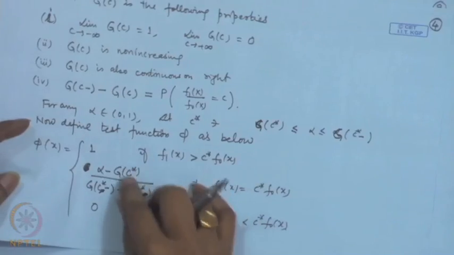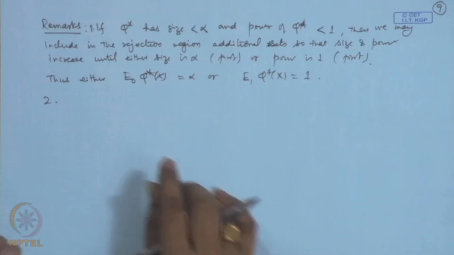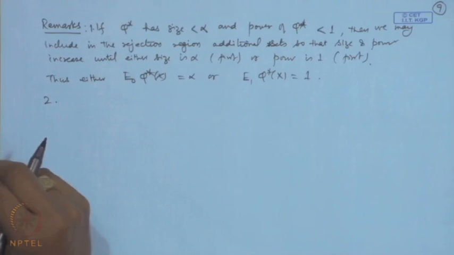On the set where f 1 is equal to k times f naught, there is a chance of shifting because of the value that we are having there, that is the difference in c, because the c star may not be chosen uniquely, and therefore, we can define it arbitrarily.